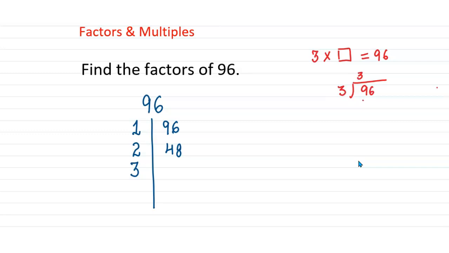You can do it orally also, or you can do long division the way I am doing. So we get 0 remainder, and that was going to be because 3 is a factor of 96, and the quotient is 32. So that means the other number is 32. 3 times 32 gives us 96.